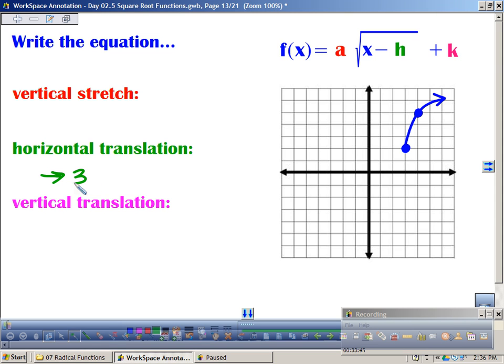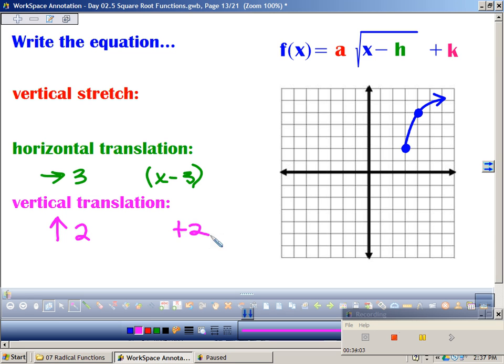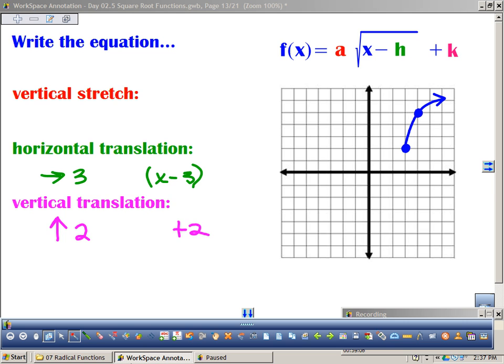What does that mean when we put that in the equation? What should that look like? X minus 3. Vertically, how far am I going vertically? Up 2. Up 2, what does that look like on my equation? Plus 2.